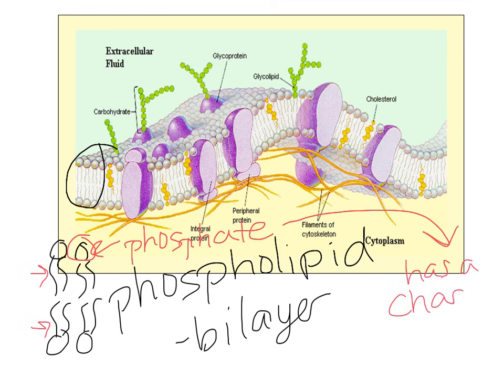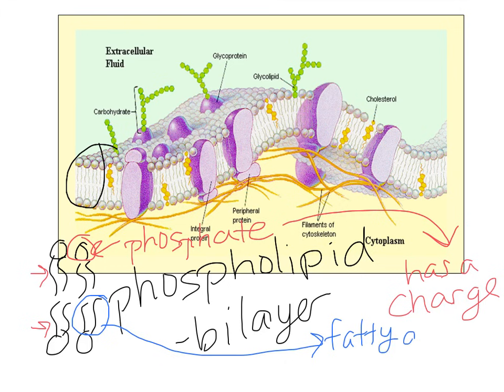And by a charge, we mean it has a positive or a negative. That's what we mean by a charge. So it has a charge. It's not neutral. And then they have these tails right here, those little tails that hang off of them. And these are our fatty acid tails. And these are neutral. They do not have a charge.